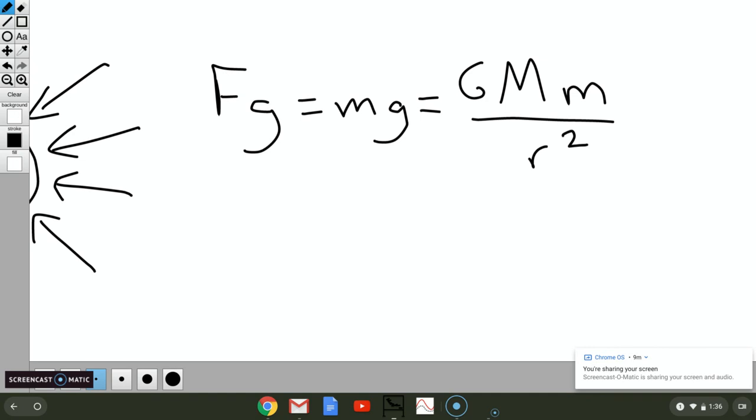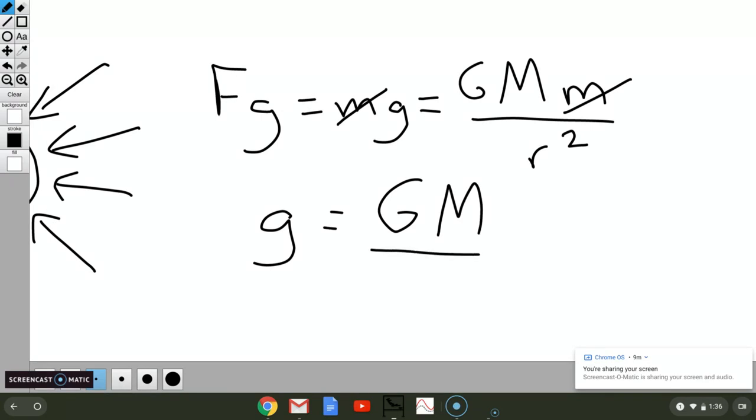Well, what ends up happening is if you divide each side by the mass, the masses cancel, and we end up with this equation. Little g is the big constant times the mass of the object creating the field divided by the radius from it squared.